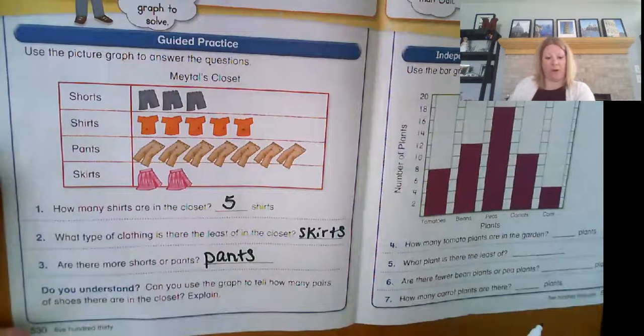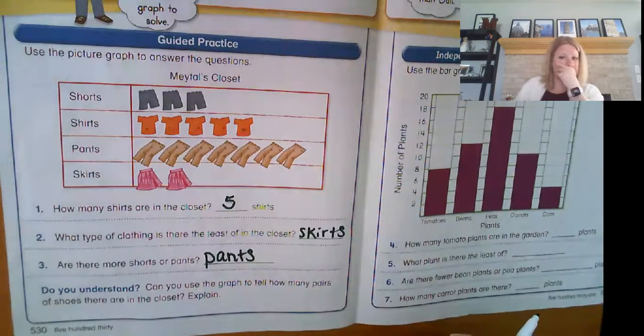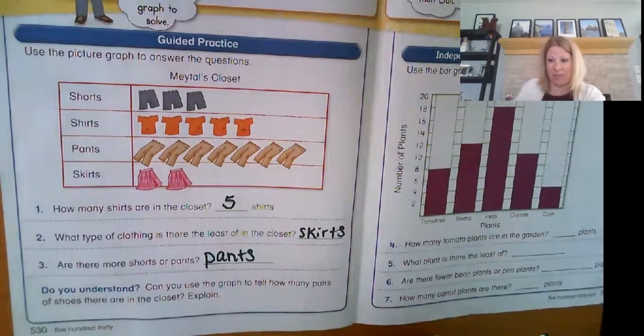Can you use the graph to tell how many pairs of shoes there are in the closet? Explain. Well, I know in a lot of closets there's shoes, but my graph doesn't have any shoes on it. So can I answer a question about shoes? I hope you said no, because I can't. And what's the explaining for that?